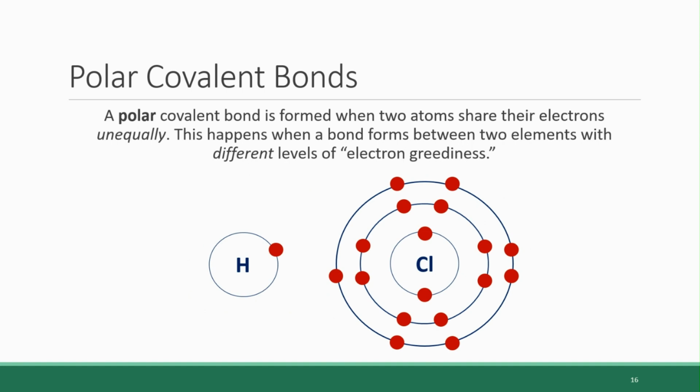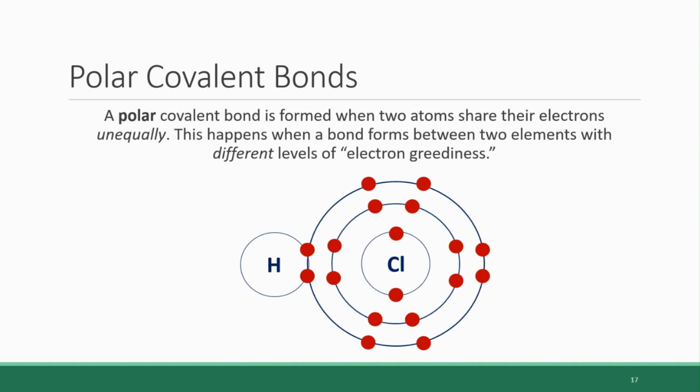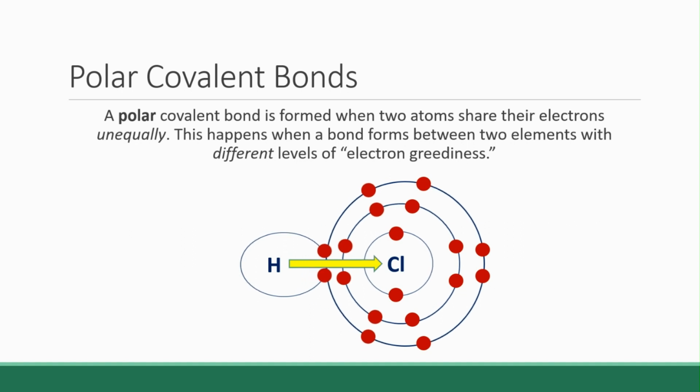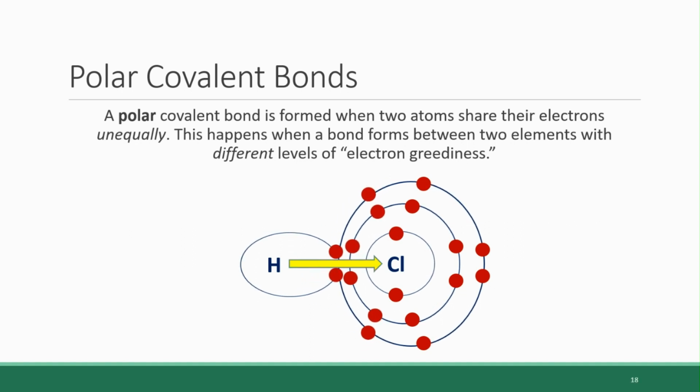An example of two elements that would engage in a polar covalent bond are the elements hydrogen and chlorine. It turns out that chlorine is more electron greedy than hydrogen. There's a disparity there. So when they enter this arrangement, they will share those electrons, but chlorine will pull them closer to itself and away from the hydrogen atom.